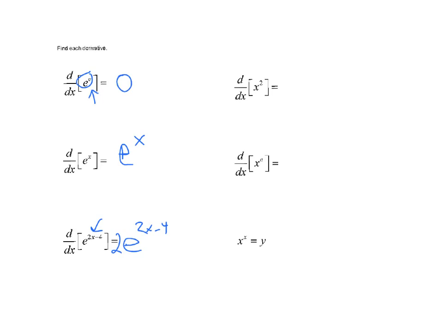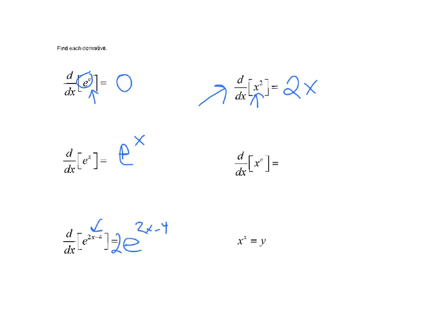Now, what about if I go up here and do the derivative of x squared? Don't forget that the x is not in the exponent now. It is the base, so you have to treat it like a polynomial and do the power rule. Lots of people like to try to treat it like a to the x, and that's not true. When it's a to the x, that is when the base is a number, not a variable.